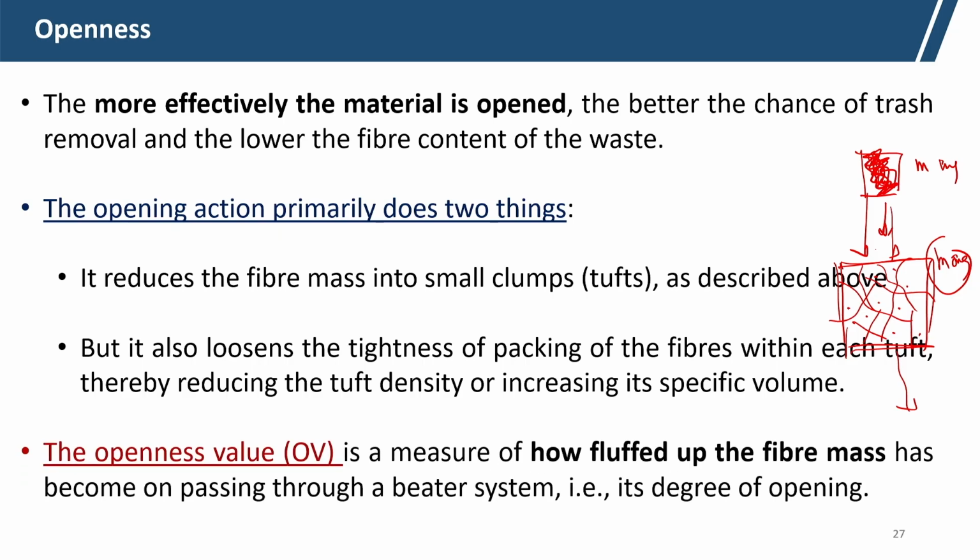So, that openness value we have to measure. If you want to know how the tuft is being opened, we measure the openness value, which shows the degree of opening.